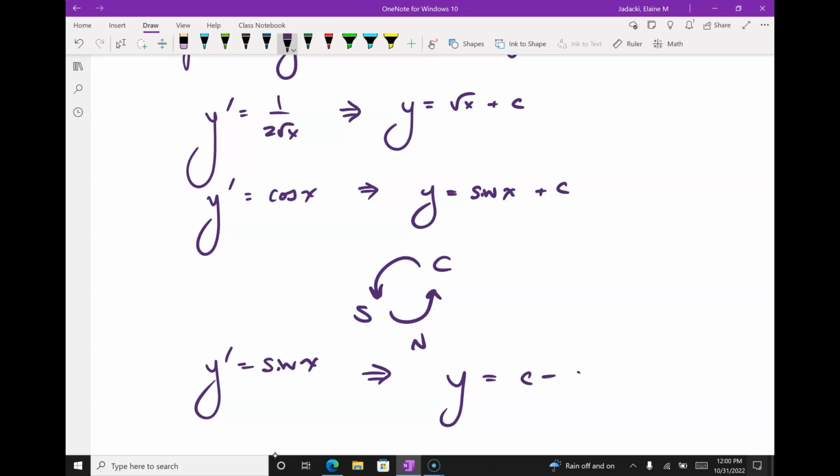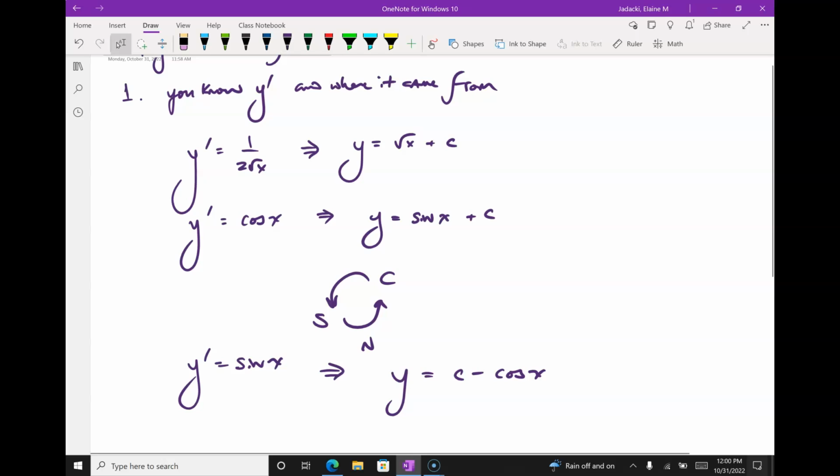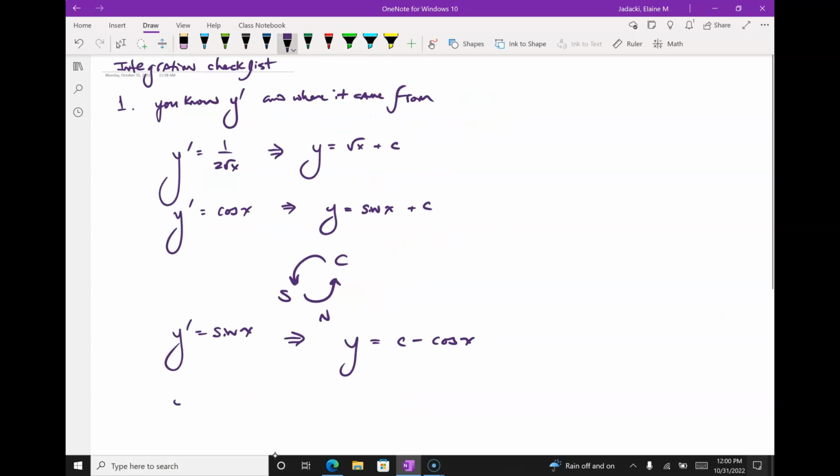So c minus cos of x. Right, c being that constant of integration. If y prime is e to the x, what's y? E to the x plus c, yeah, plus that constant.